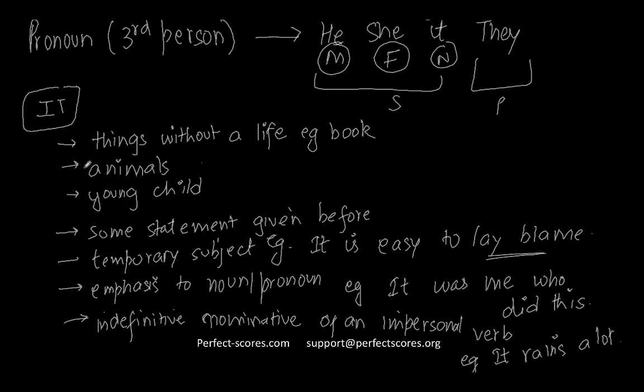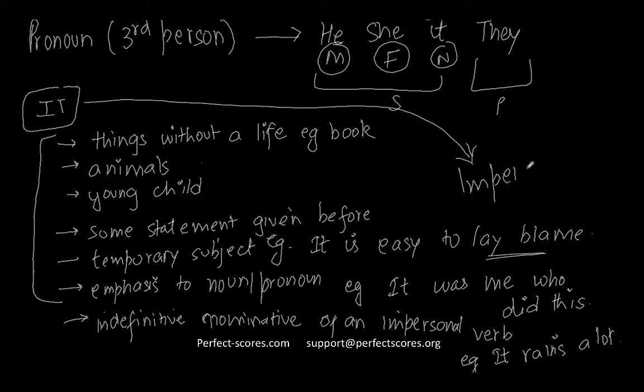Though you see that mostly, especially in all of these cases, it is used as a pronoun. In the last case, it is not used as a pronoun. Because it rains basically means the rain rains. So that is why it's an indefinite nominative, and that is why it is known as an impersonal pronoun. So that is something that you should know, that sometimes it can also be called an impersonal pronoun because you don't know which noun it is representing.